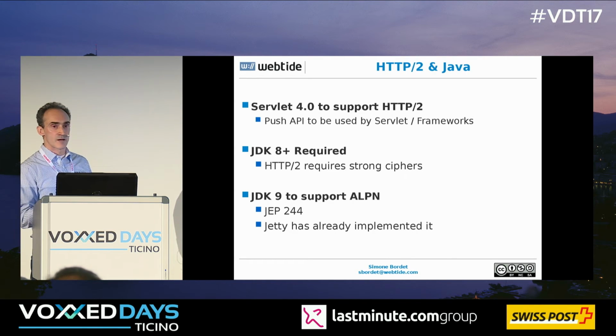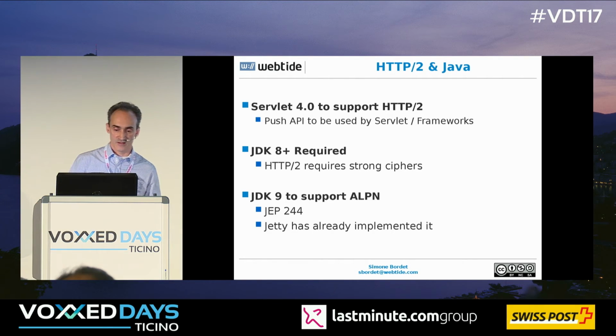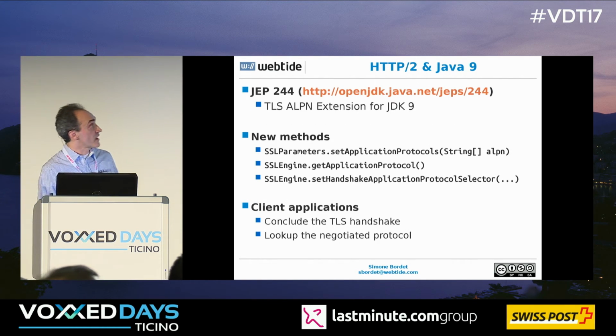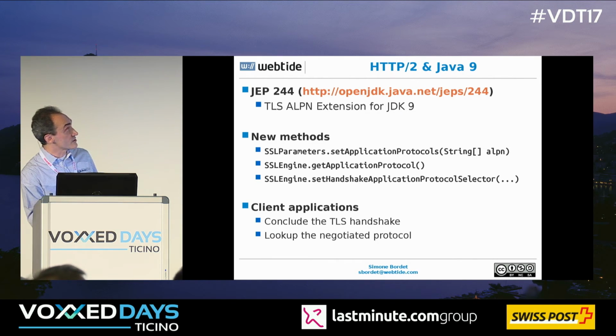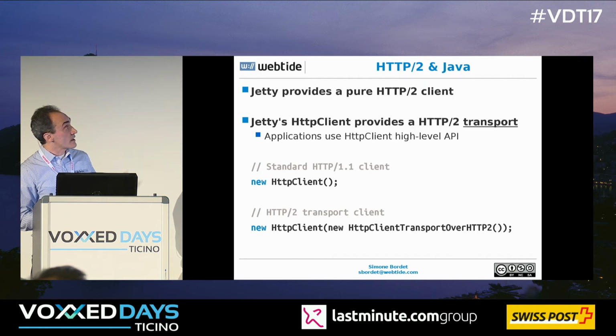It's been live for a couple of months, and so we have tested that this support for ALPN works in JDK 9. This is the new API that has been added to JDK 9 in order to support ALPN.